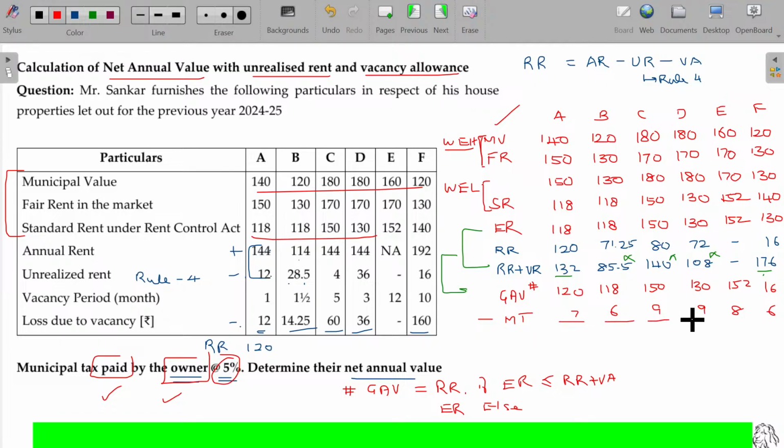From the GAV, if I subtract the municipal tax, then the ultimate value is the NAV.